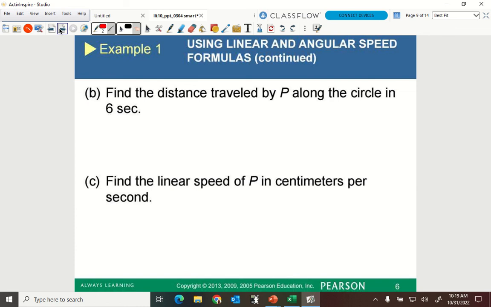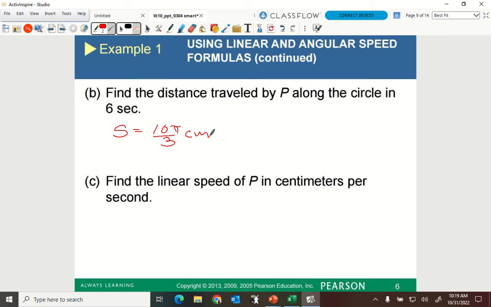Right here, B, we found that in 6 seconds the distance S was 10 pi, units centimeters, very good. And C, I didn't even talk about C, right? C is the one that we had to do even before we get to B. So we have to do all of them first and then fill in our answers.